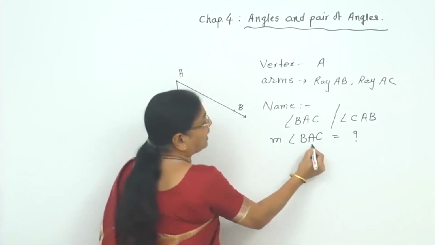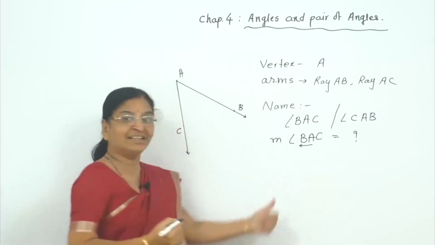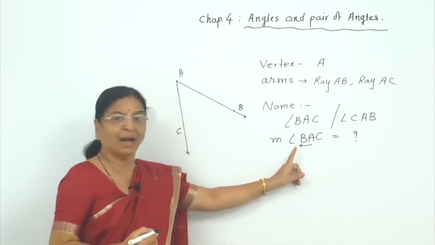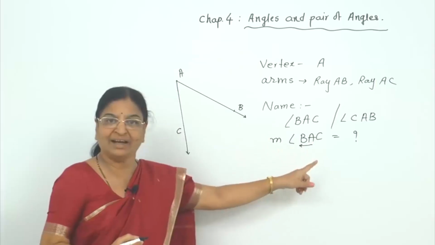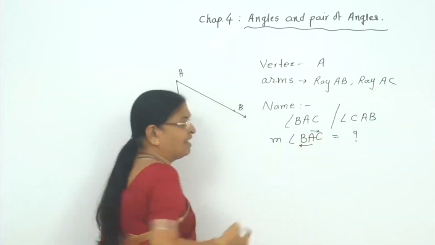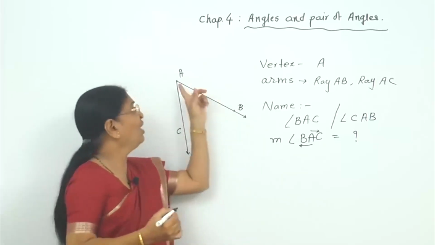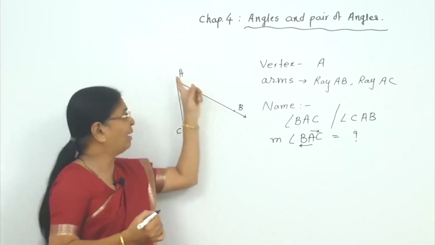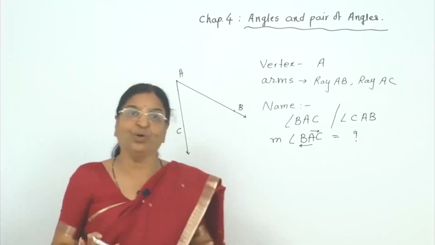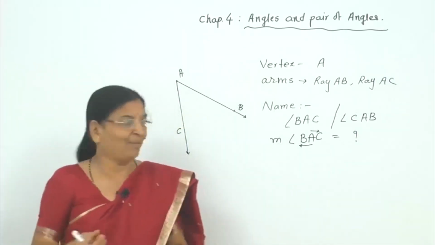See, this vertex to 1, this is the one arm. This is easy to remember. So one arm is A to B, that is ray AB, and the second arm is A to C. So AB is one arm and AC is another arm. This much you know, and you know how to name them also.